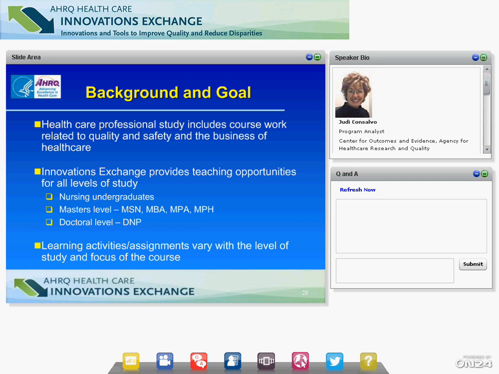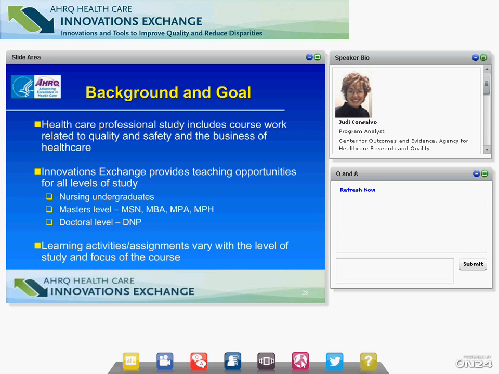I also want to add, going back to the Affordable Care Act, that we can use the Innovations Exchange for our healthcare workers that are in the workplace. So for those of you that might be doing training, your trainers at hospitals or at clinics, it's an excellent resource. When you go on the page, the first page has a sorting index that is absolutely superb. That's one of the important parts, ease of use, and you can type in or look up by subject area.